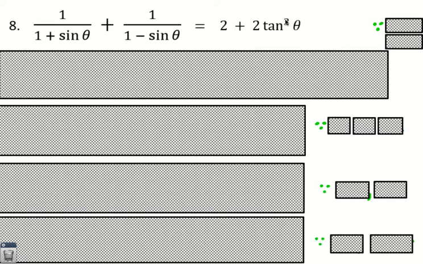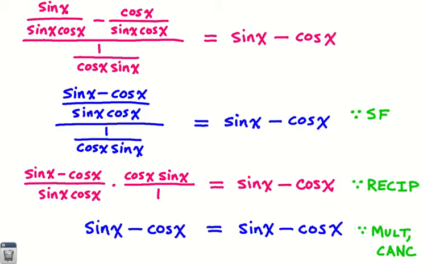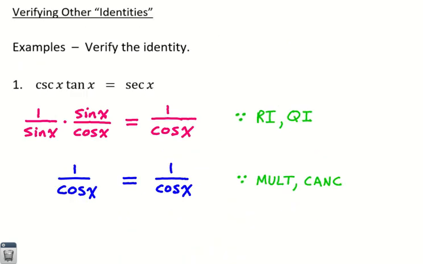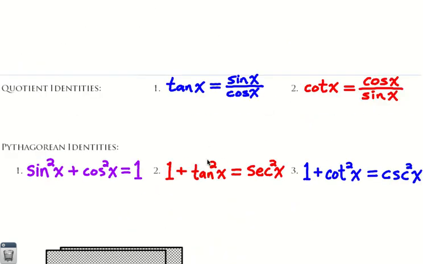But this is one of those situations, people, where instead of changing tangent squared into sine squared over cosine squared, if you think of it, maybe instead you can think of the Pythagorean identities and go, well, the tangent squared is actually equivalent to, if you moved this to the other side, secant squared minus 1.